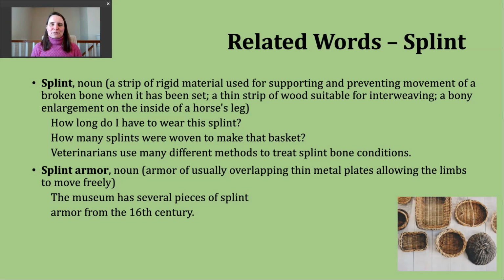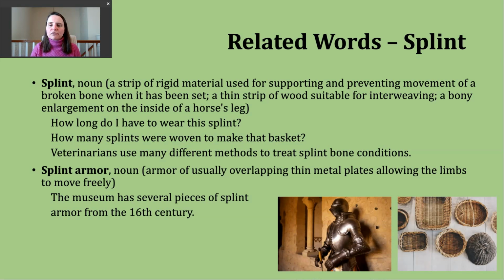Our last word we're going to look at today is the noun splint armor. Okay? If you're studying history, you might encounter this description as you kind of study battles and fighting. But this is a type of armor that's generally overlapping and that allows one to move their limbs a bit more freely, right?